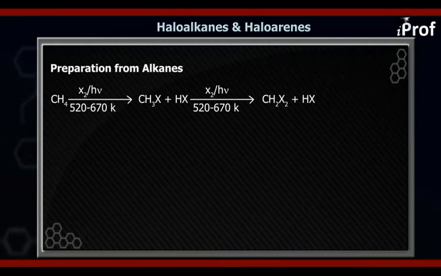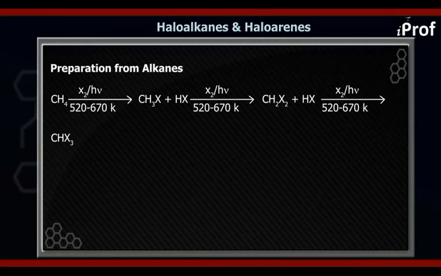After this again we provide the same reaction conditions, and the product formed in this case would be CHX3, which is known as haloform, or trihalomethane. Again in this step HX will be eliminated. Again we provide the same reaction conditions of temperature, reagent and sunlight.